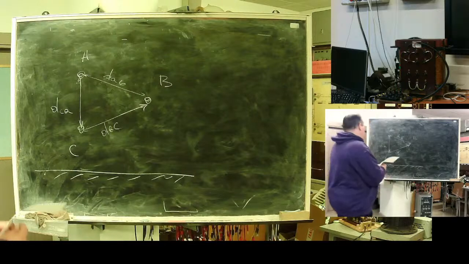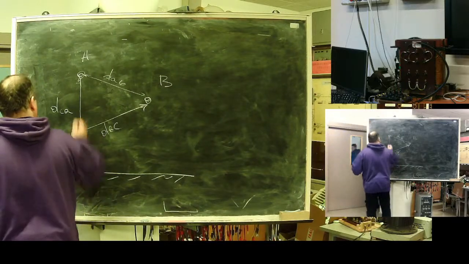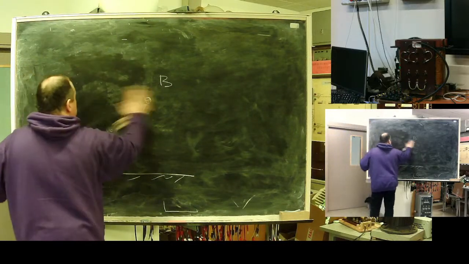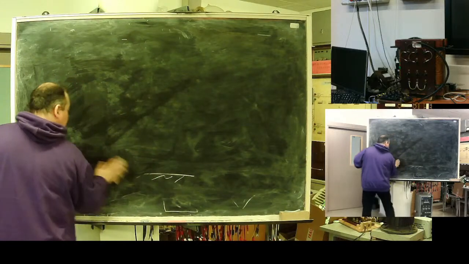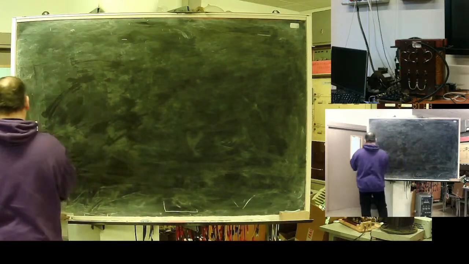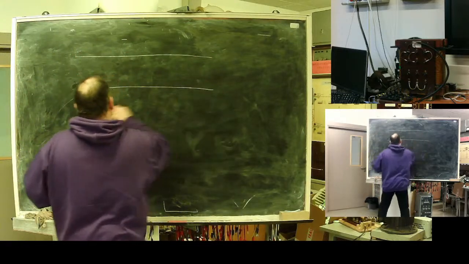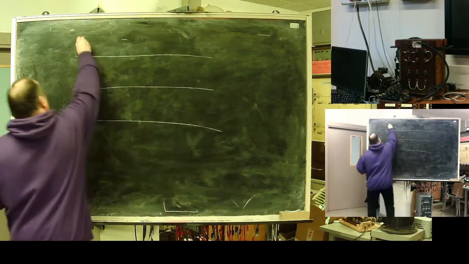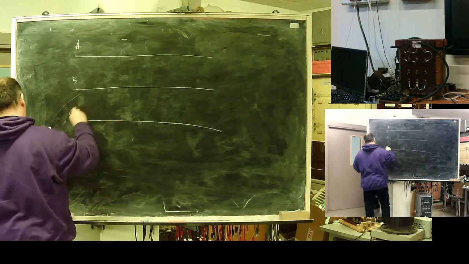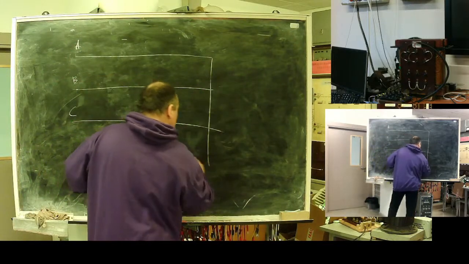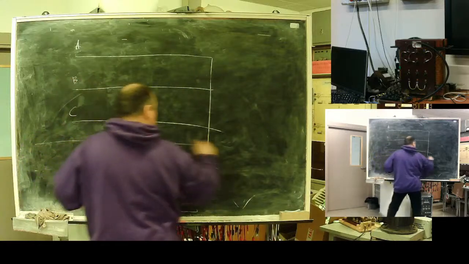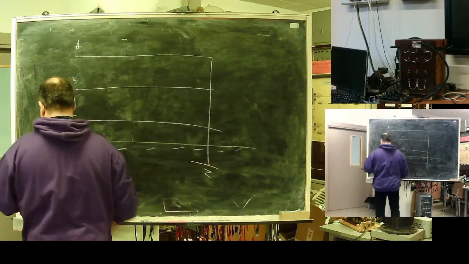I can work with a model like this. I have three wires, A, B, C. They are above conductive ground.